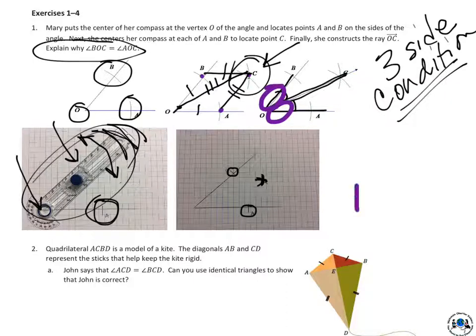Let's look at number 2. So we have quadrilateral ACBD, a model of a kite.